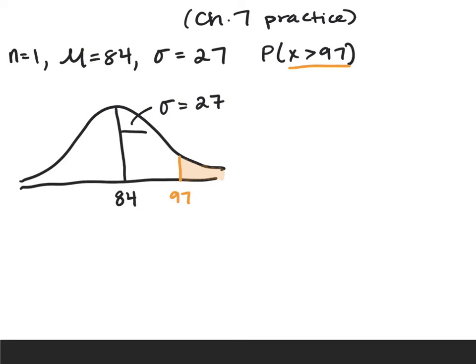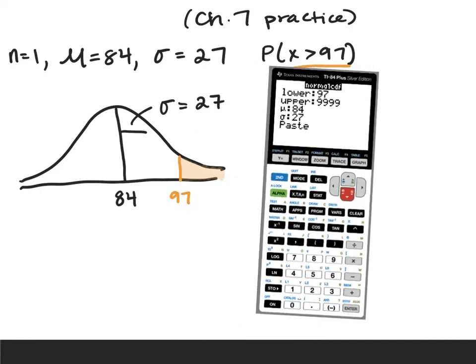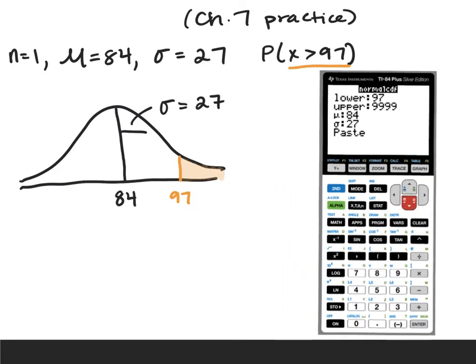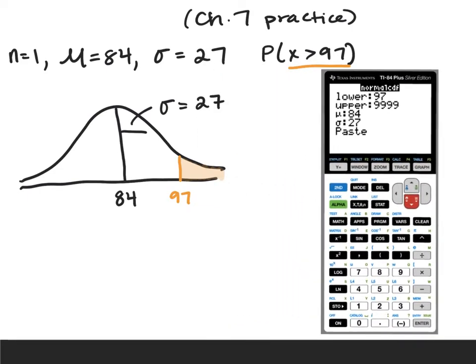Okay? Now, I'm going to want to put this in my calculator. And luckily, I have a lovely calculator emulator on my computer. And I was able to get this picture, I'll pull it in, of my calculator. So here's what the calculator looks like for this problem. We're going to do normal CDF.